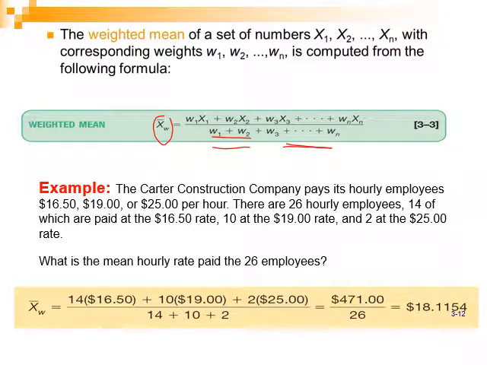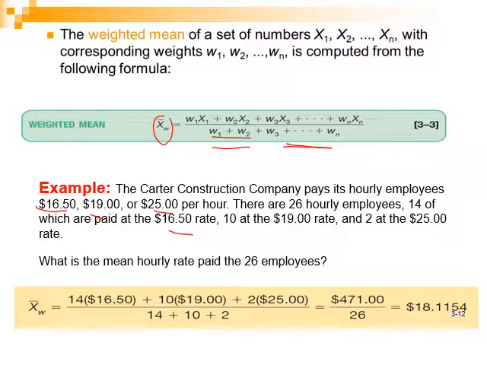by the weight. For example, the Qatar construction company pays its hourly employees these values: $16.5, $19, $25 per hour. There are 26 hourly employees, and 14 of them are paid $16.5.